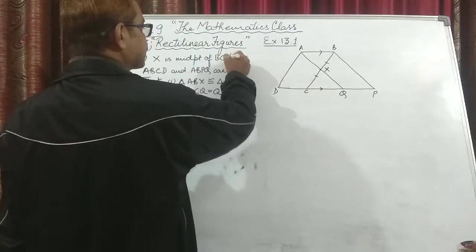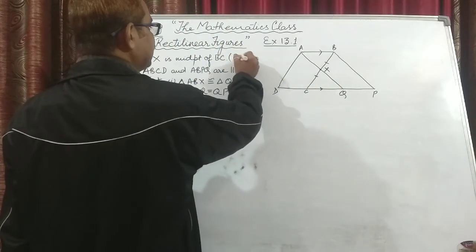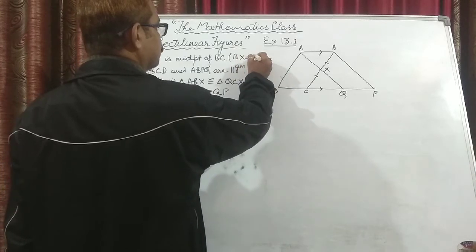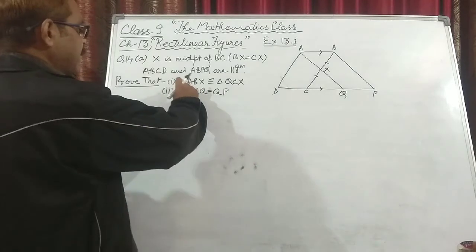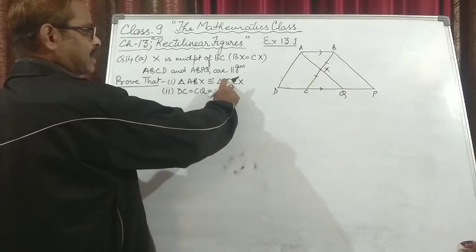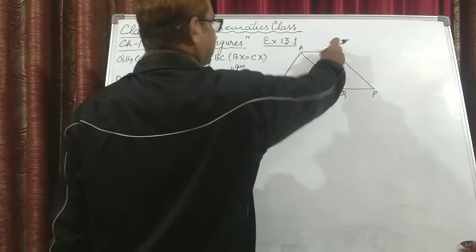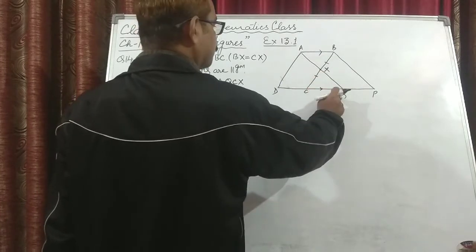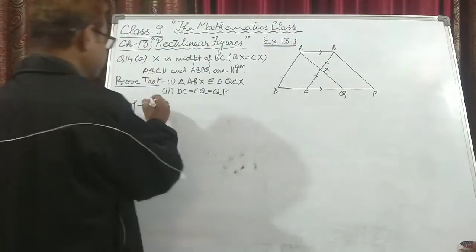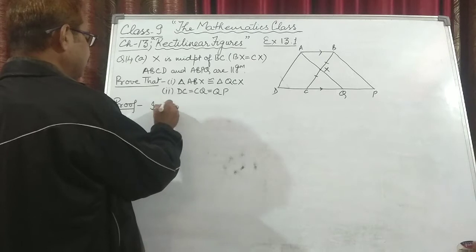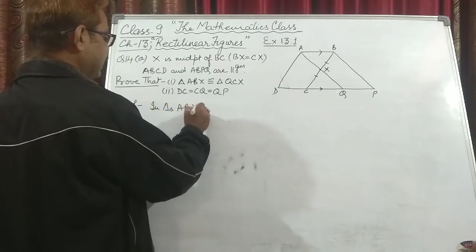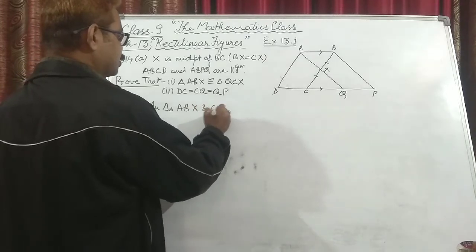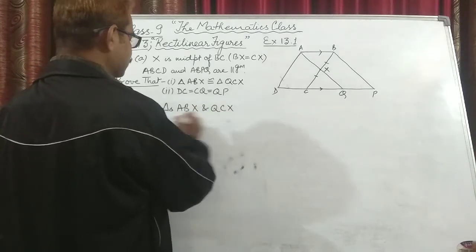It means it is given that BX is equal to CX. First thing we have to prove, triangle ABX and triangle QCX are congruent. So first we will take in triangles ABX and QCX.